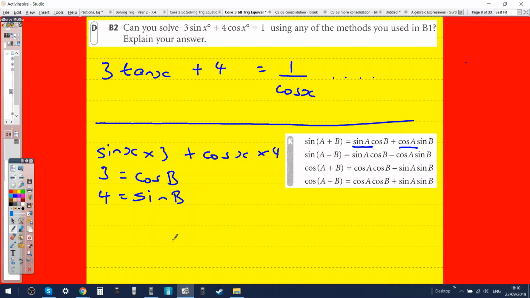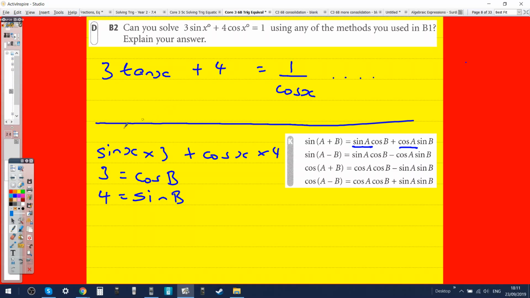Maybe we can actually work through it on the question. It was: write 3 sine x plus 4 cos x in the form r sine x plus a. So essentially the same question. It just wasn't very well explained.